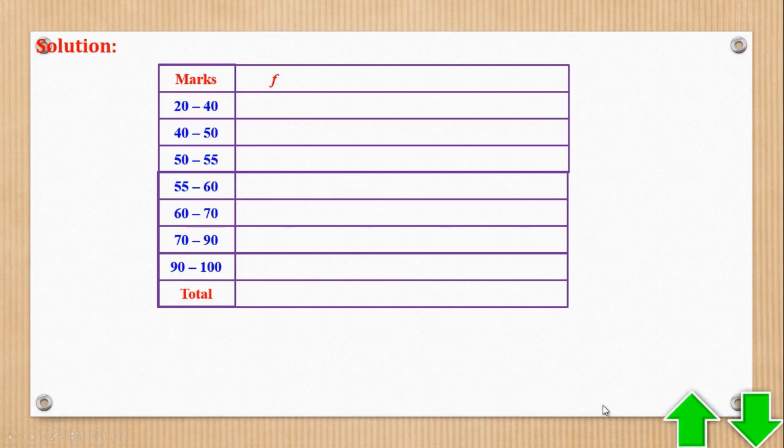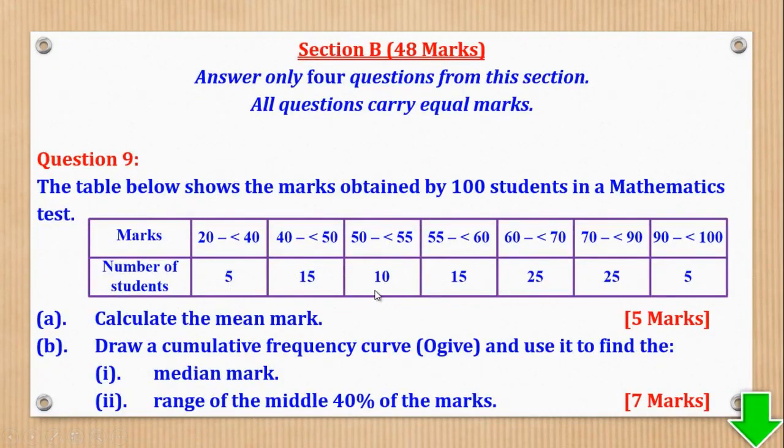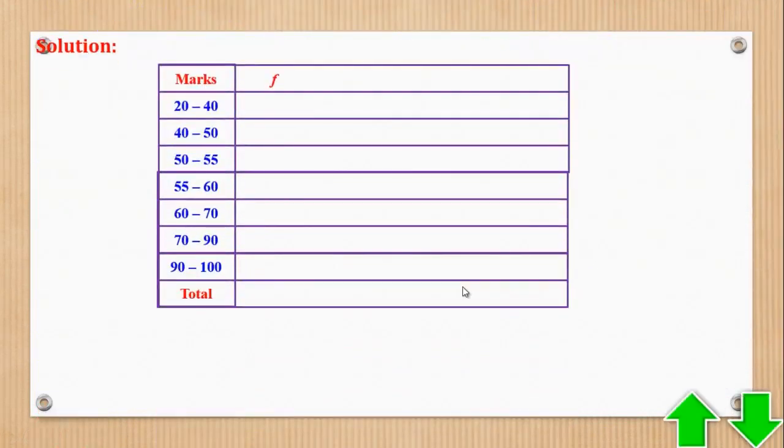Okay. The next is F. F means frequency. So these values here for number of students are our frequency. Those are the values I shall put for each class. And then we sum up all these to come up with the total here.